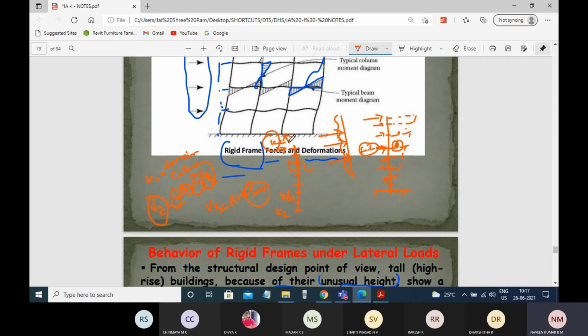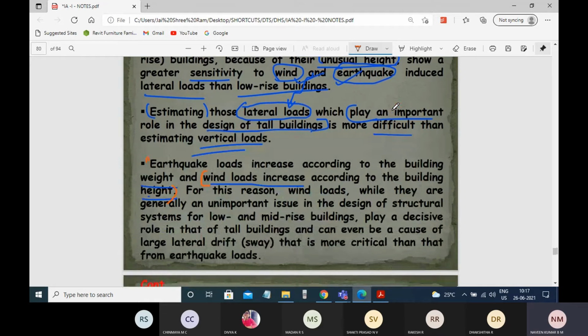Because K2 is varying, you can see the difference in the lateral load. Exactly, the higher floors will have the maximum lateral load due to wind load. In the case of earthquake, because of seismic weight you can see the difference in lateral loads. If we have a higher seismic weight, then you'll have more lateral load. That particular thing you can see over here.